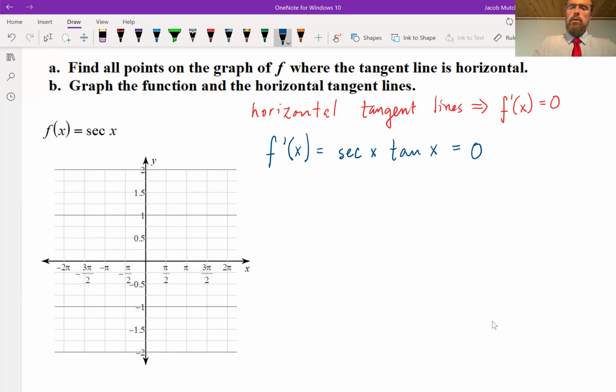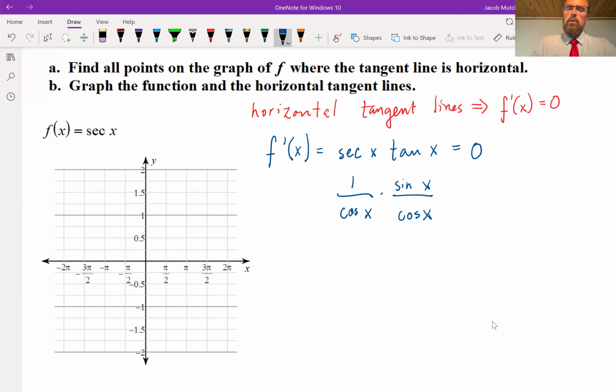Now you may look at secant x tangent x equals 0 and just kind of scratch the head and say, where do I start? Let's remember that secant we could consider as 1 over cosine x. It's the inverse of cosine. Tangent is equivalent to sine of x over cosine of x.